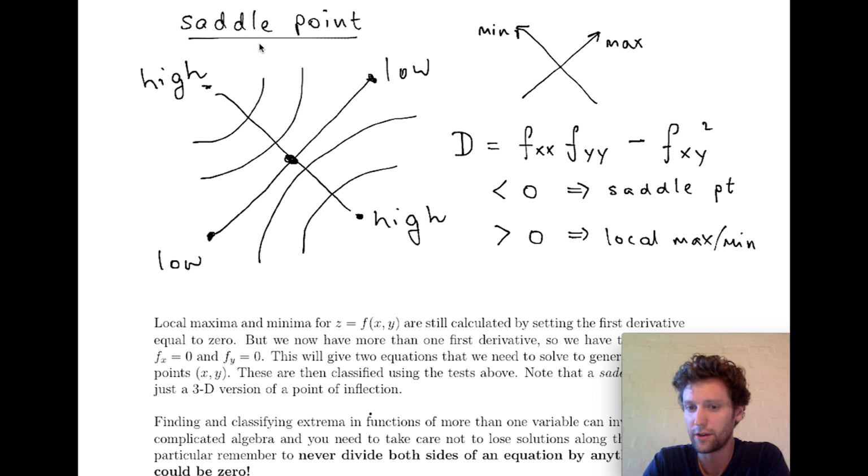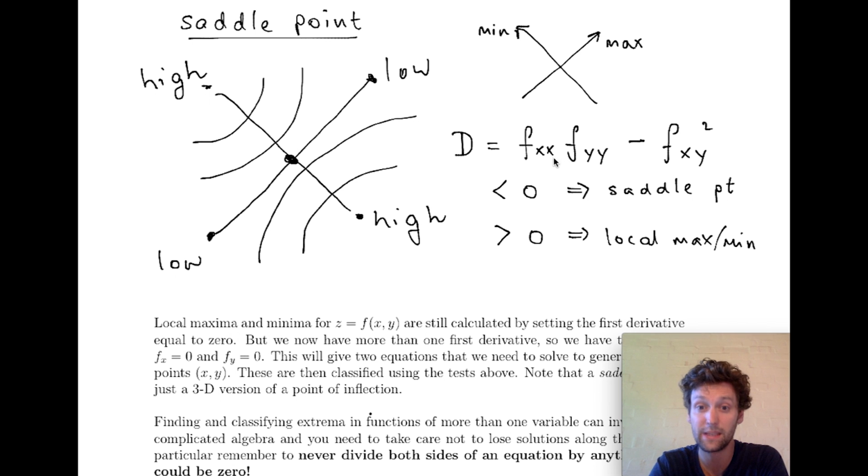One last thing to point out here is that if I'm looking at a local maximum or minimum, notice that the derivative with respect to x is a positive number or a negative number, and the derivative with respect to y is a positive number or a negative number, right?